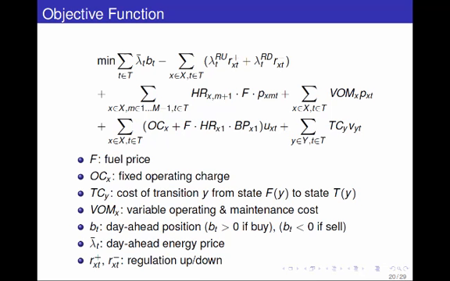And then you have a bunch of costs associated with operating your combined cycle unit. You have variable operating and maintenance costs, which are proportional to your power output. You have fixed costs, so if you're in a certain mode, you pay a fixed operating cost each hour you're running that mode, plus another fixed cost.